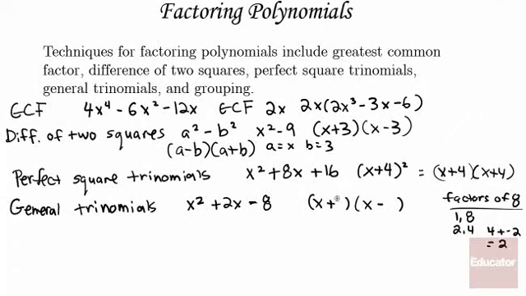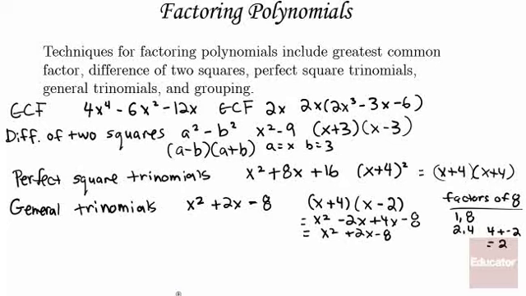So this factors to x plus 4, x minus 2. I can always check this by using FOIL: the first term gives me x squared, outer is negative 2x, inner is 4x, and the last is negative 8. So x squared plus 2x minus 8. It gave me this trinomial back.